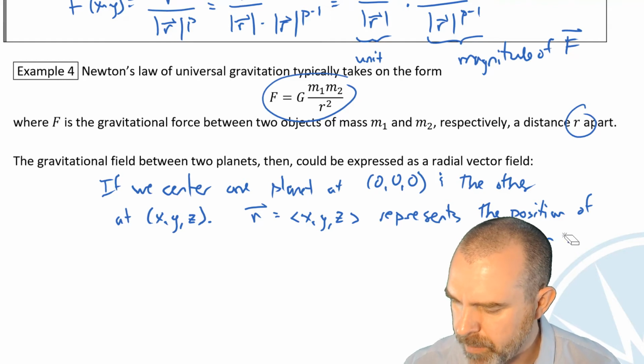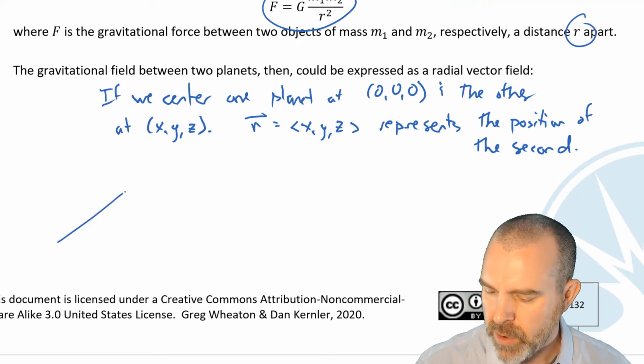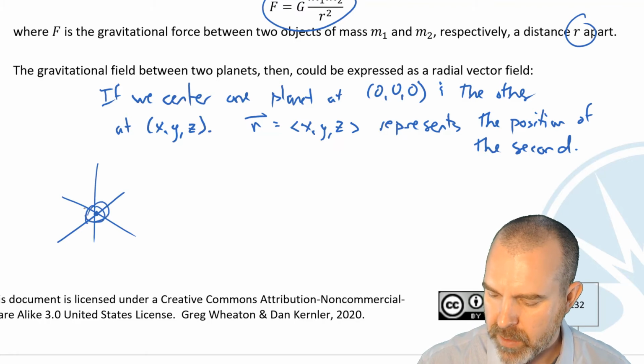So you can imagine here you have your origin and you have your planet here. It's like a sphere, right, centered at the origin. And then you have some other planet out here that's centered at x, y, z.